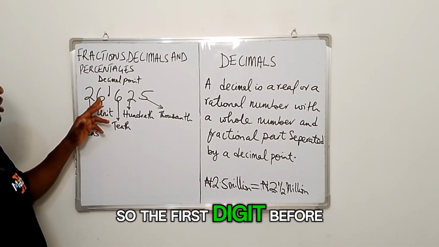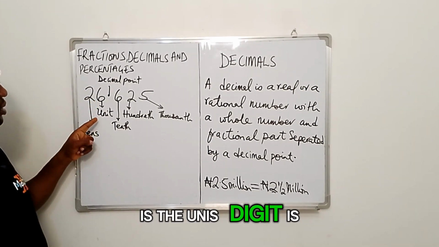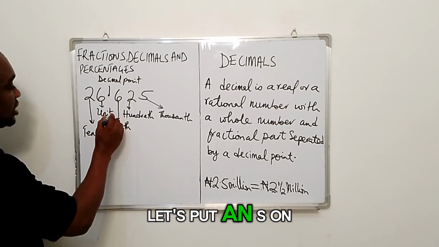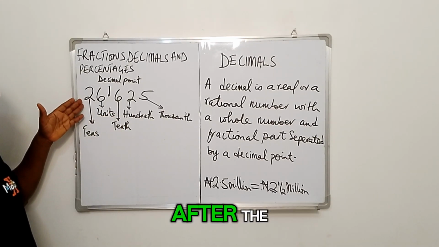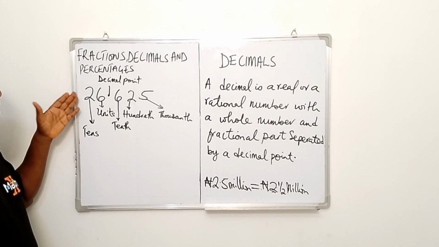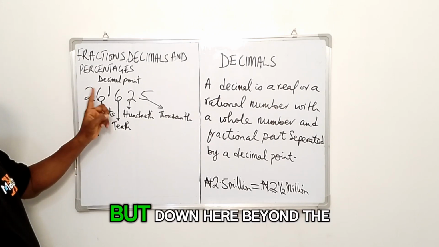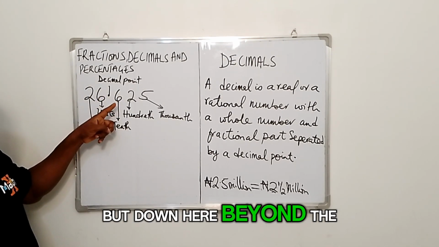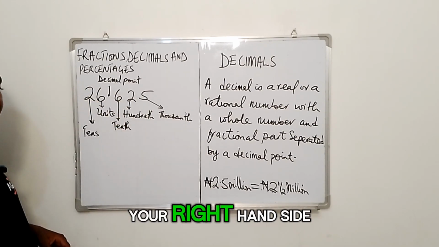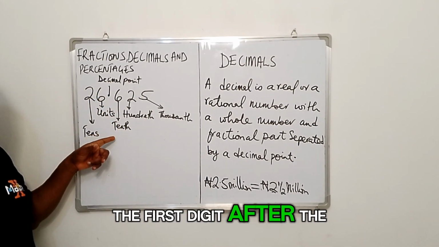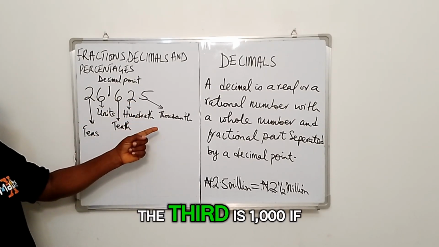So the first digit before the decimal point is the units digit. Let's put an S on it. The second digit before the decimal point is the tens. But down here, after the decimal point, to your right hand side, the first digit after the decimal point is the tenth, the second is the hundredth, the third is the thousandth.